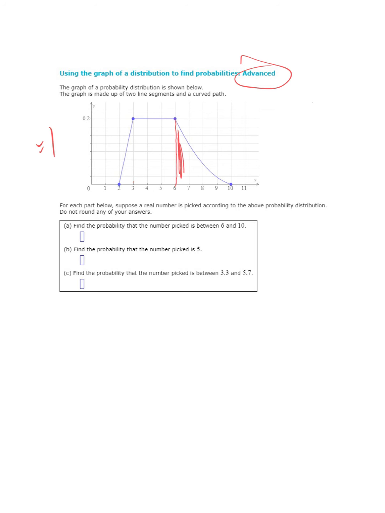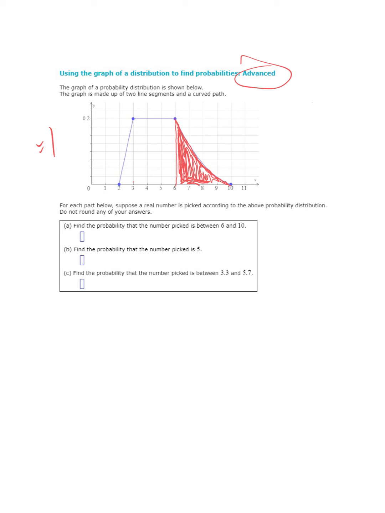So I'm looking for this red area right here. All right, and this little thing right here is curved. If this had been a straight line instead of a curved line, I would have the area of a triangle that I'm finding, which we all know how to do. That's area 1/2 base times height.